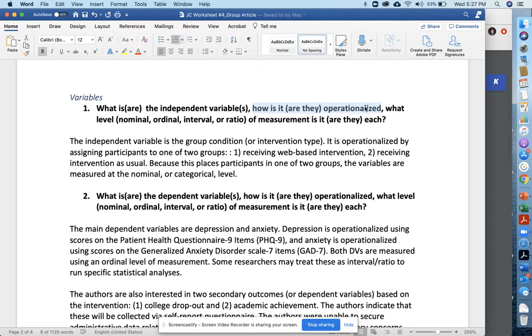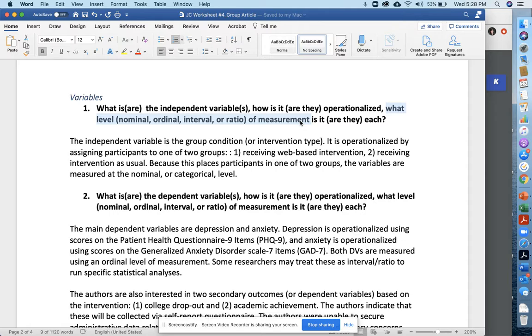How is it operationalized? And what level of measurement are they measured at? And whenever we're talking about levels of measurement, we're not talking about the actual scales that were used. We are asking whether it was measured at the nominal, ordinal, interval, or ratio level of measurement.